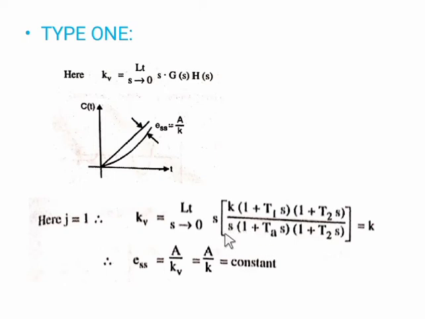If we put the value of s equal to 0 in the remaining terms, only K remains, because 1 plus 0, 1 plus 0 divided by 1 plus 0, 1 plus 0. So Kv equal to K. So ESS equal to A by Kv, and Kv equal to K. So ESS equal to A by K, which is a constant term, where K is the forward gain.